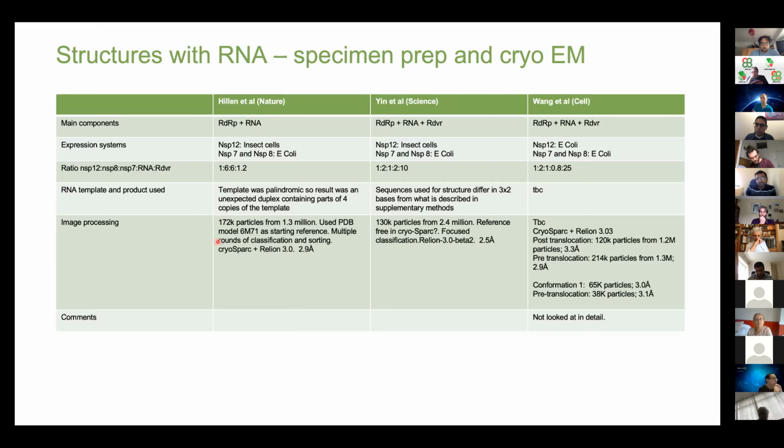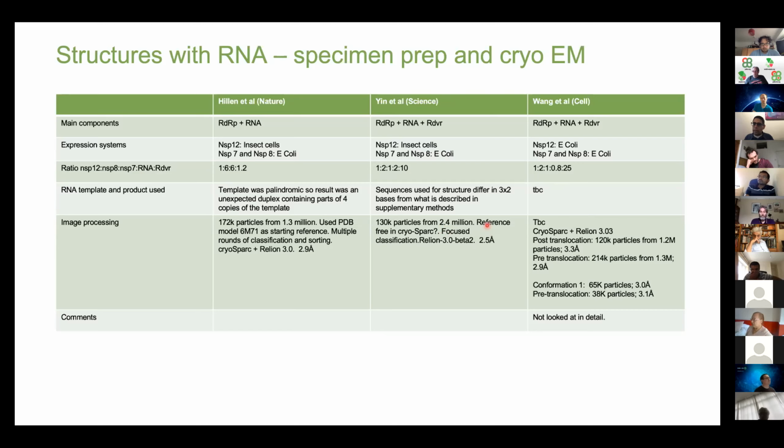In terms of image processing, the Hillen et al. used about 172,000 particles from initially 1.3 million picked. They state that they use at least partially a PDB model as a reference, and they have multiple rounds of classification and sorting, CryoSPARC and RELION 3, reaching 2.9 angstroms resolution. The Yin et al. used 130,000 particles from 2.4 million particles picked.